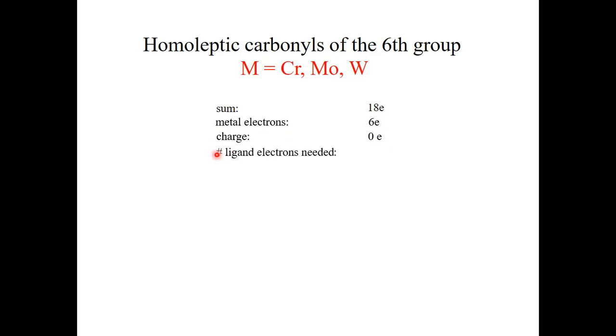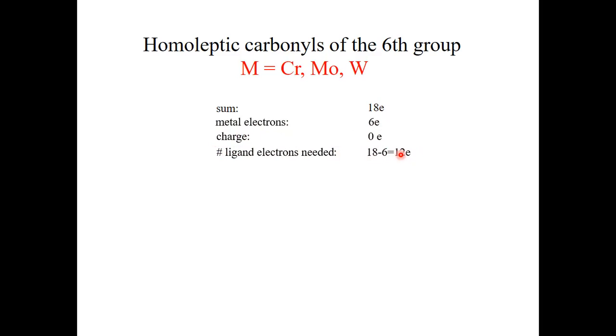But now let's count the number of ligand electrons. So we have 6 here, so we need, well, 12 in order to get to 18, because 18 minus 6 is 12. So now how many carbonyl ligands do we need?